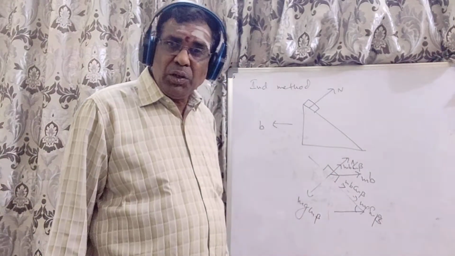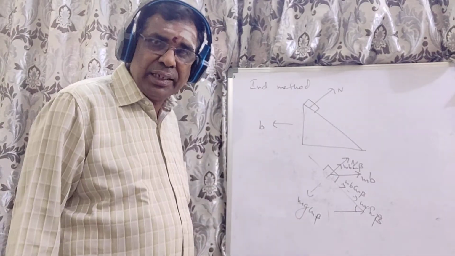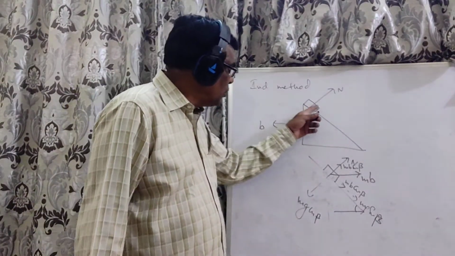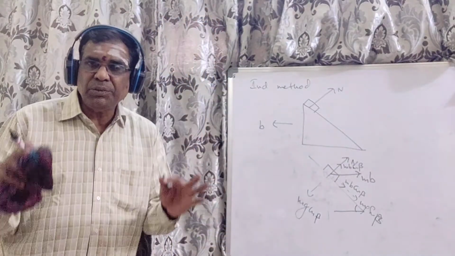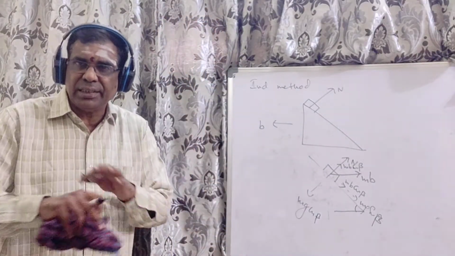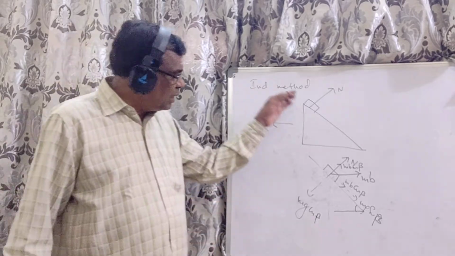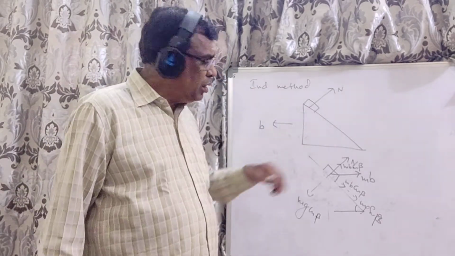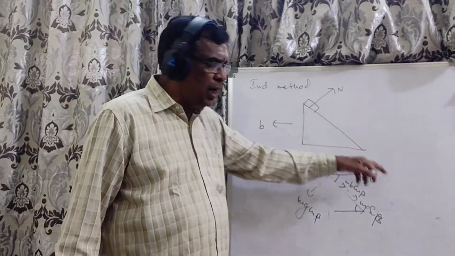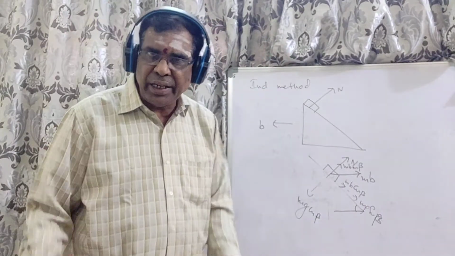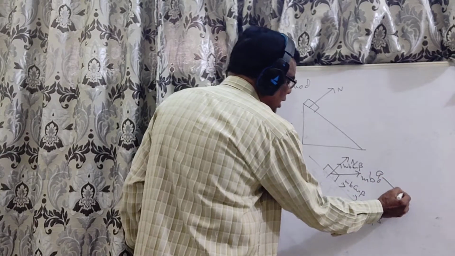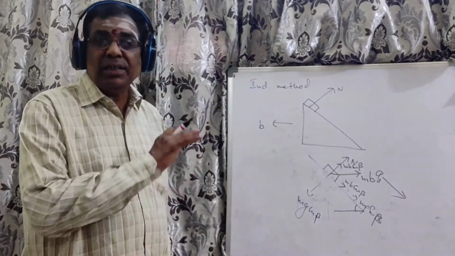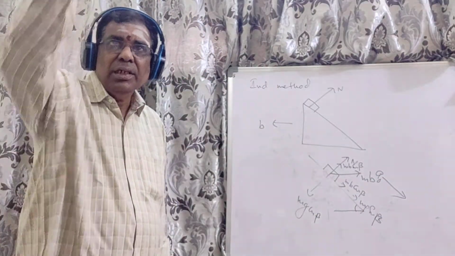Pseudo force means what do you get? You get only relative acceleration, acceleration of this body with respect to the incline. When you say with respect to the incline, the incline is stationary. If the incline is stationary, this will move parallel to the incline only. Therefore, your relative acceleration is parallel to the incline only.